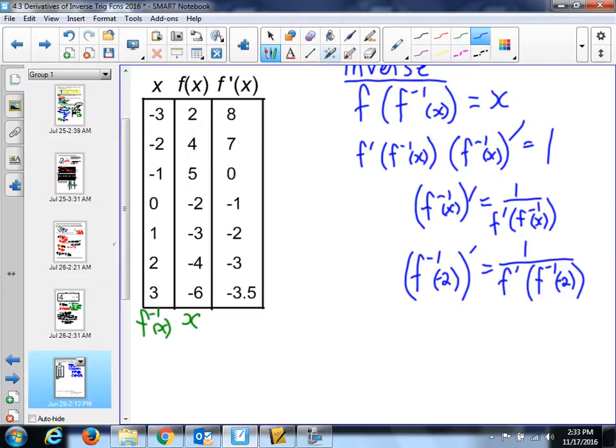So, 1 over f prime. -2 corresponds to 0 when you're doing inverse. Okay. And then, we didn't need to do anything with that f prime column because what's the derivative evaluated at 0?